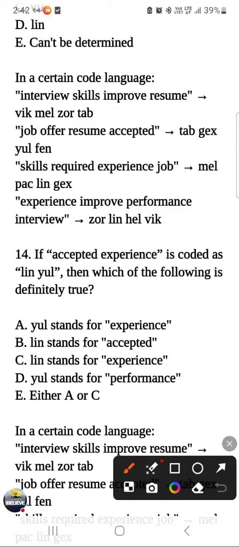Just wait a second. Alliance stands for experience, but YUL, we have YUL here, so accepted. YUL accepted is not here, so Alliance stands for experience, which is the correct option.